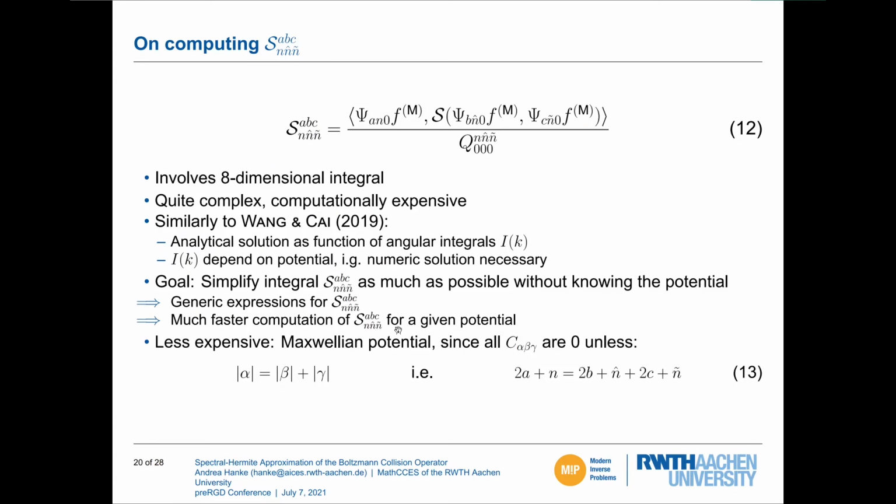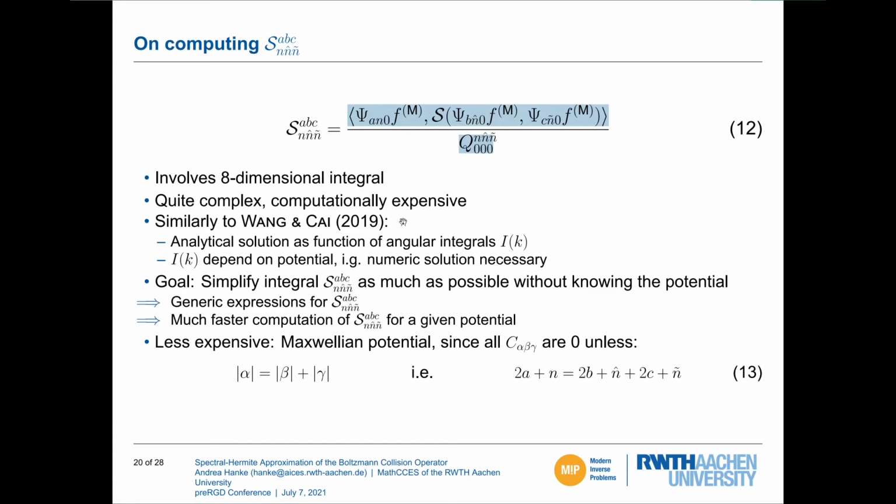Now let's go to computing our physical parameters S. Just like with Wang and Chai, what I've written here as a fairly innocent looking fraction actually involves an 8-dimensional integral, which is quite complex to solve and also computationally expensive to solve.